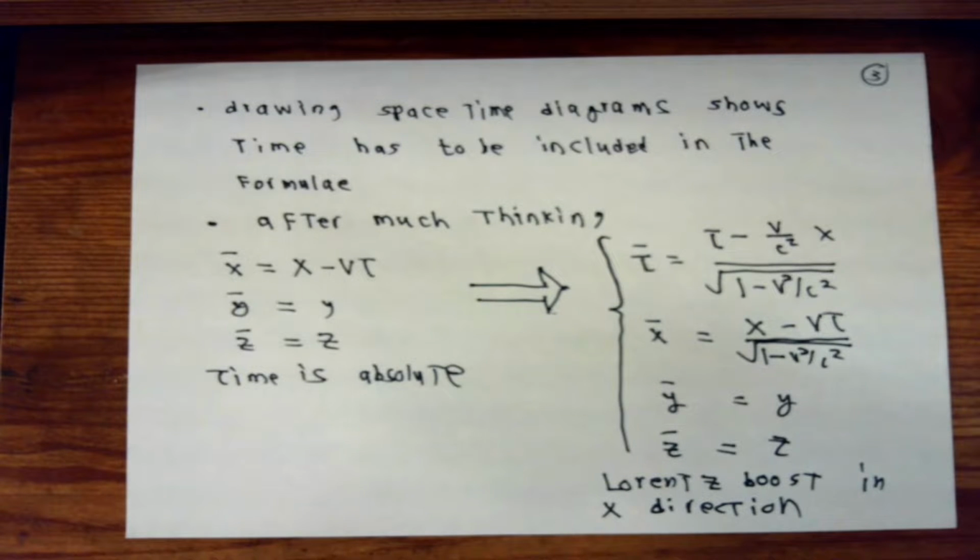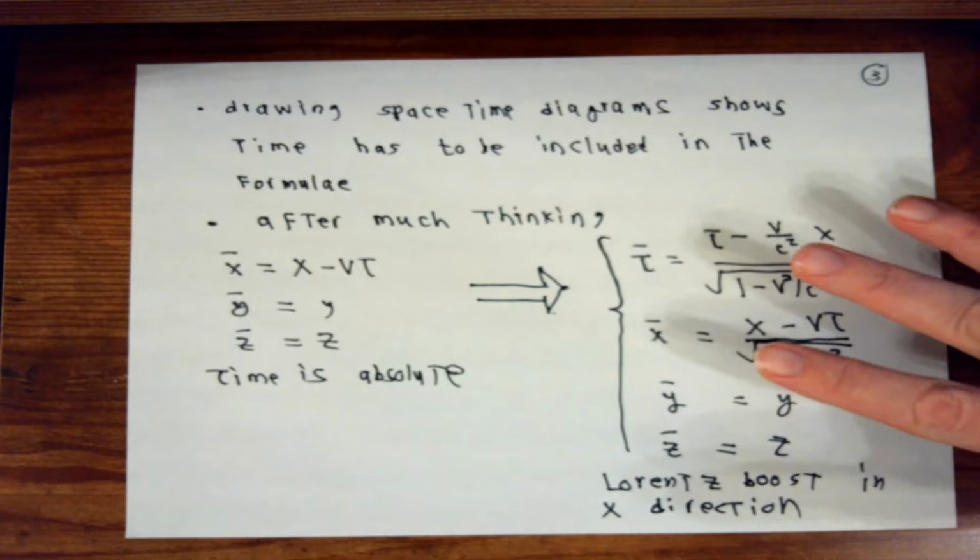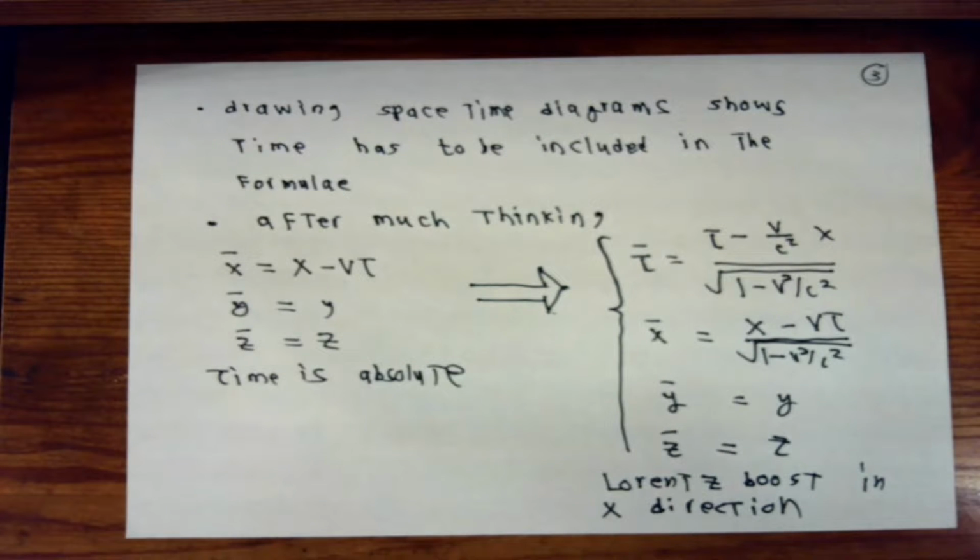We had to think a whole bunch about this, but in the end, we found that the simplest transformation that is linear, that involves t, x, y, and z, but does preserve the speed of light, is this. This is a Lorentz boost in the positive x direction.